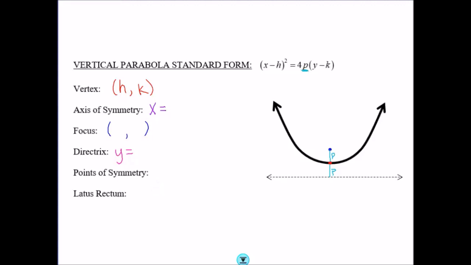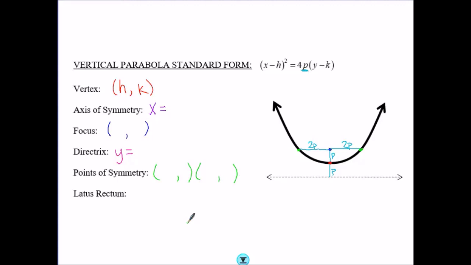Then we have our points of symmetry. And our points of symmetry are each 2p from the focus. Points of symmetry are points, so please make sure you write them as ordered pairs.